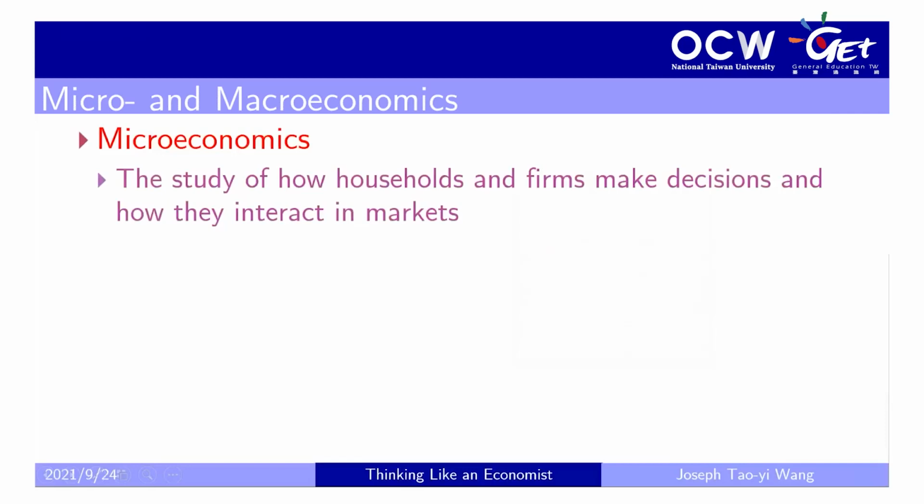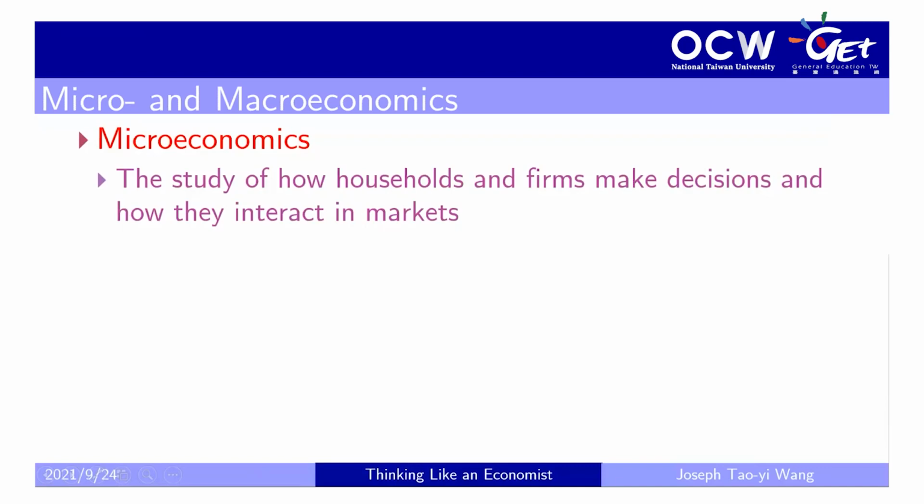So what is microeconomics versus macroeconomics? In Bauman's translation, he says that microeconomists are people who are wrong about specific things, and macroeconomists are people who are wrong about things in general. That's a parody, that's a joke. So microeconomics is the study of how households and firms make decisions and how they interact in the market.